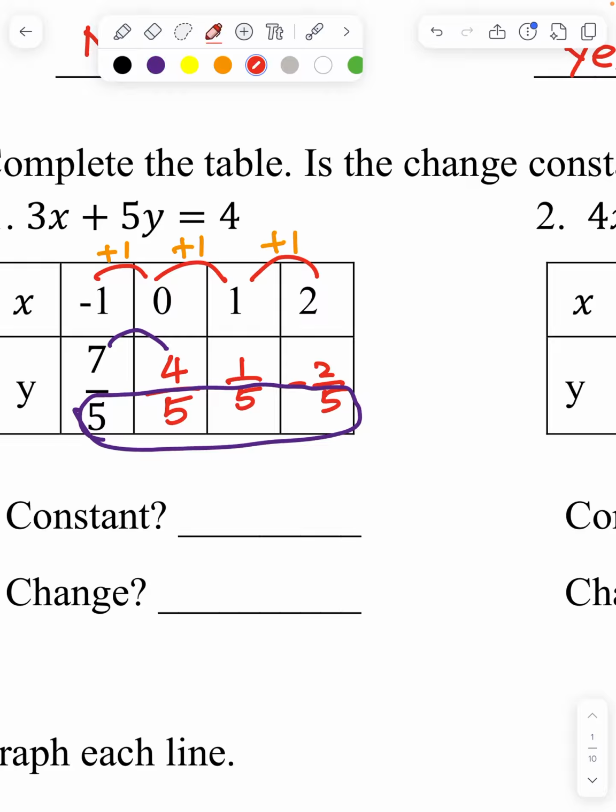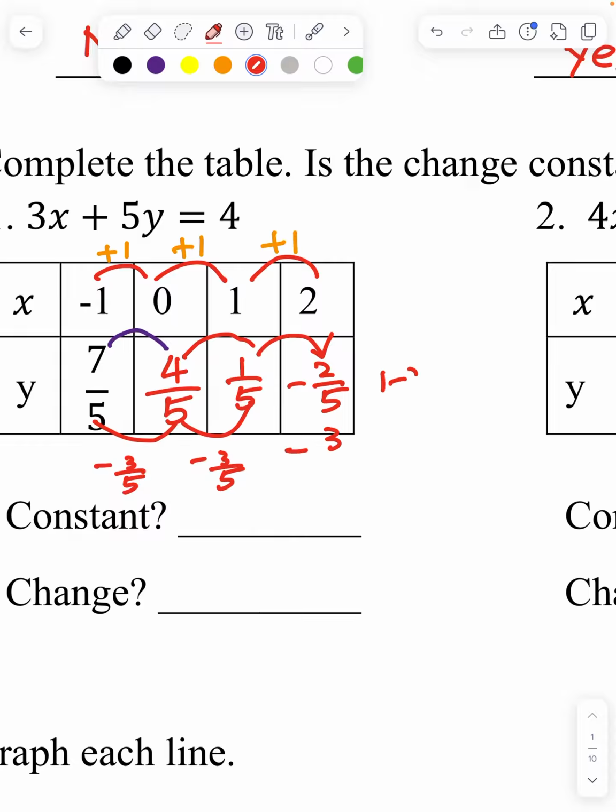So this is subtract 3 over 5. From 4 to 1, still subtract 3. So subtract 3 over 5. From 1 to negative 2, we still have to subtract 3, yeah? So 1 minus 3 is negative 2.